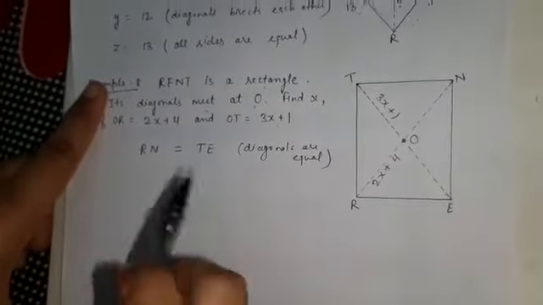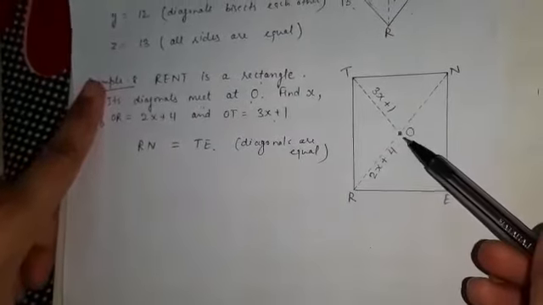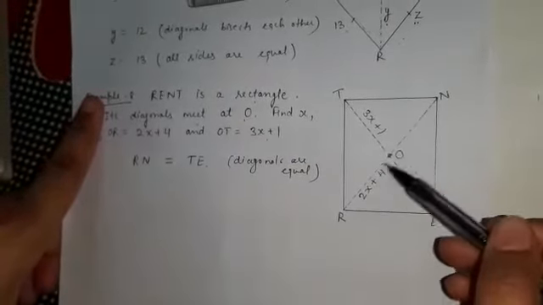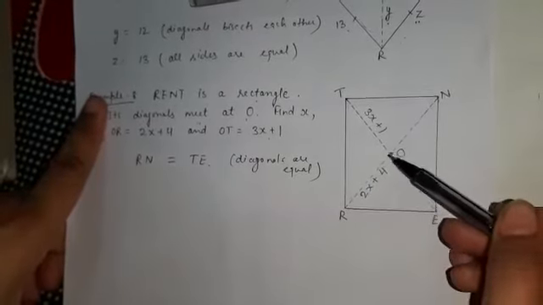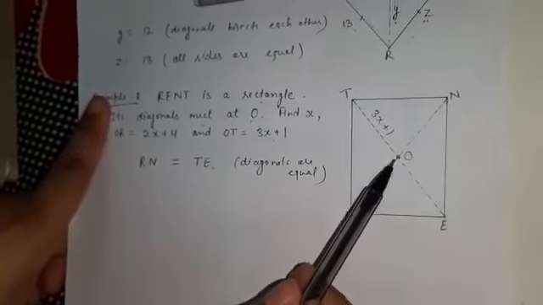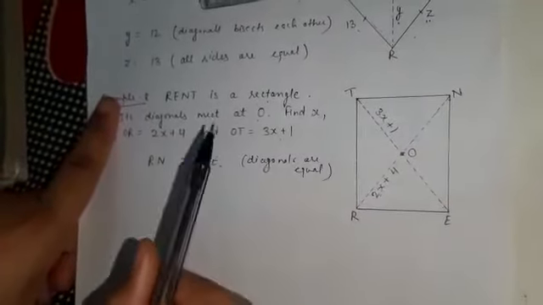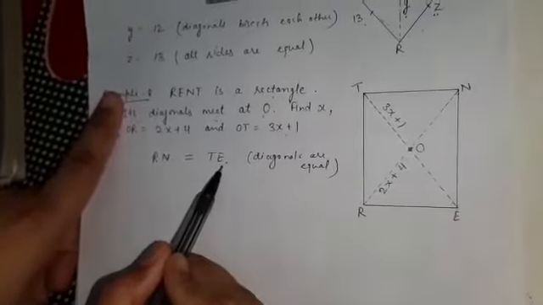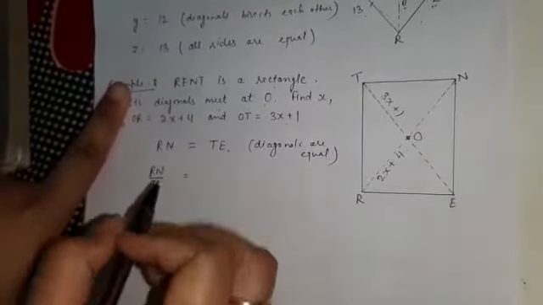I have used the first property, that diagonals are equal, and the second property is that they bisect each other. That means at point O, RN is being divided into two equal parts, so OR and ON are equal, and similarly OE and OT are equal. If the full lengths are equal to each other, the halves will also be equal.